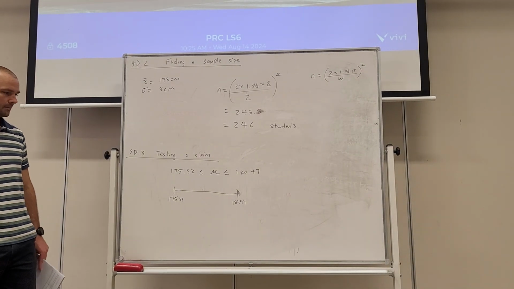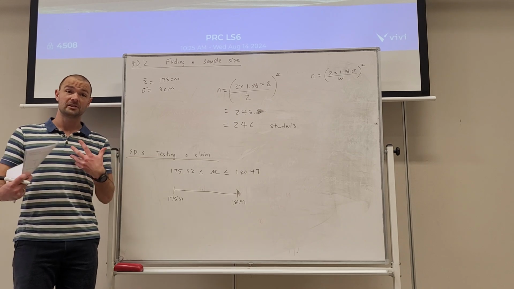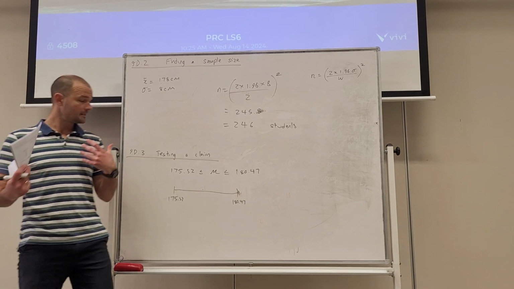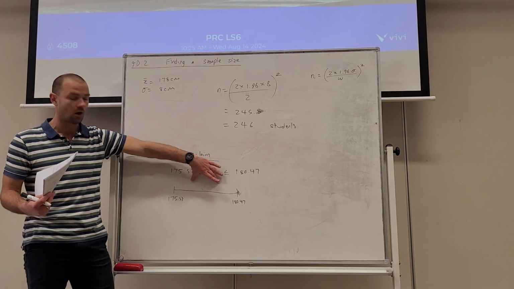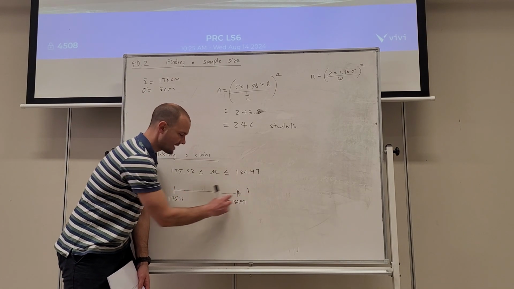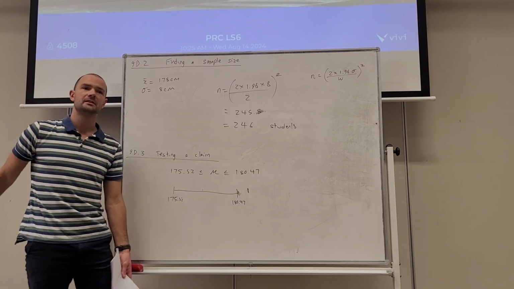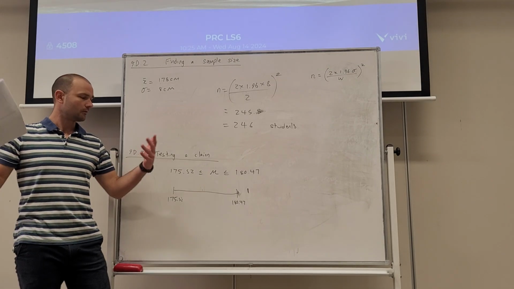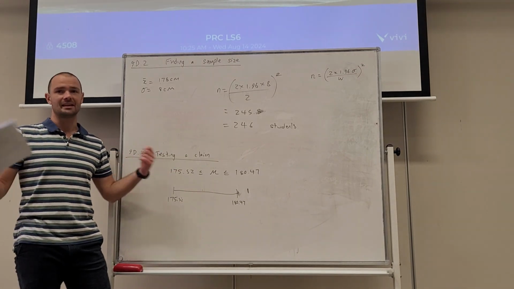Is he correct? Based on our confidence interval, we're 95% confident that the true mean lies in this window. Now 182 is here. It's outside of the confidence interval. So there's no evidence to suggest that he's correct.